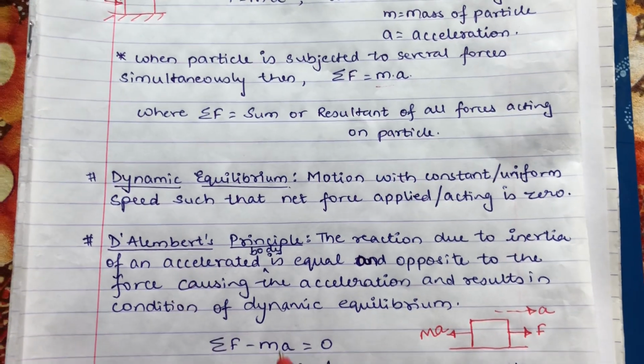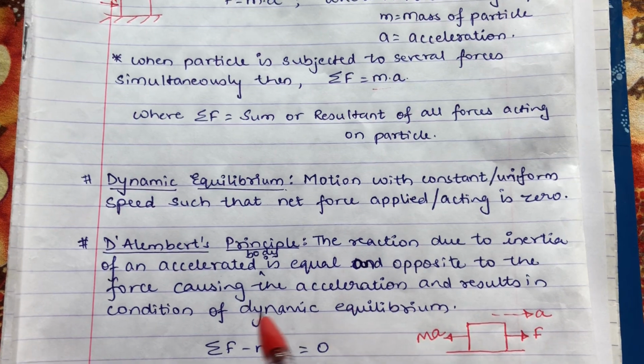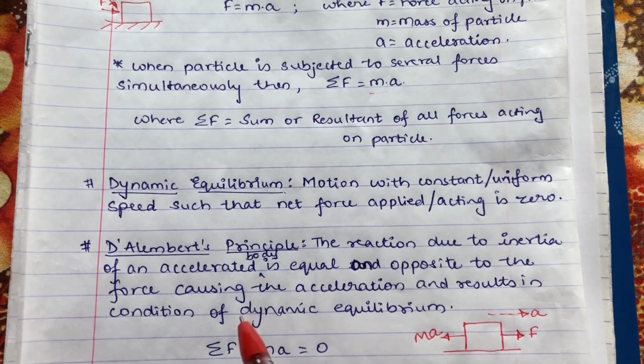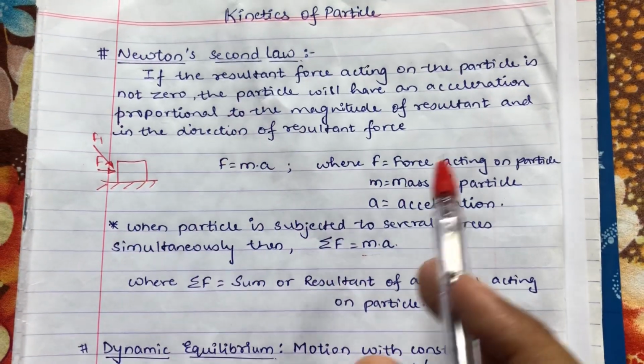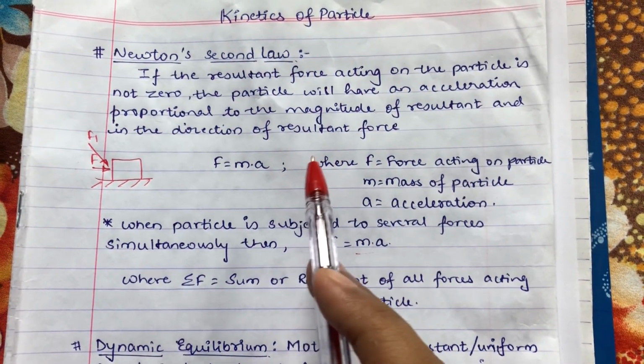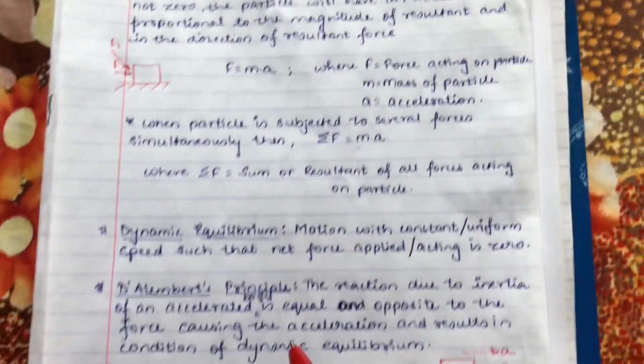Only that much D'Alembert has done? No. D'Alembert had explained about the dynamic equilibrium. He says dynamic equilibrium. Now Newton's second law never mentioned about the dynamic equilibrium. They have only mentioned that if the force is applied, the acceleration is in the same direction of the force.